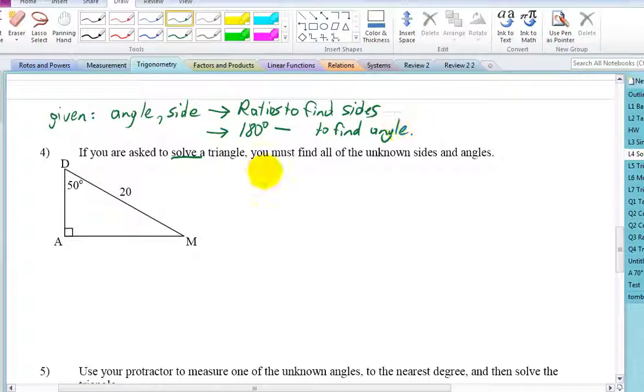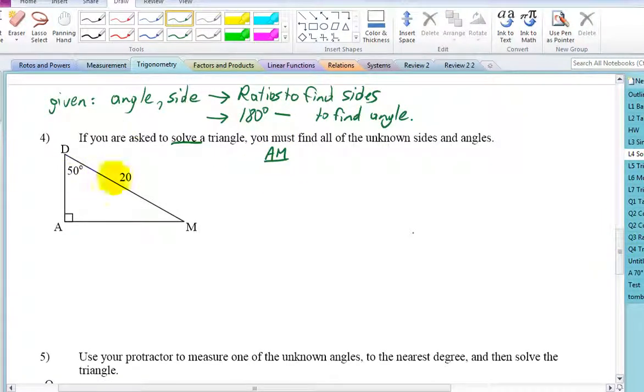Let's start by finding side AM first. Okay, label your HOA, working with 50 degrees. So here we're given 20 for the hypotenuse and side O. Which ratio is O and H? Sine. So we can say sine 50 degrees, you must have a number or a letter there, equals AM over 20.